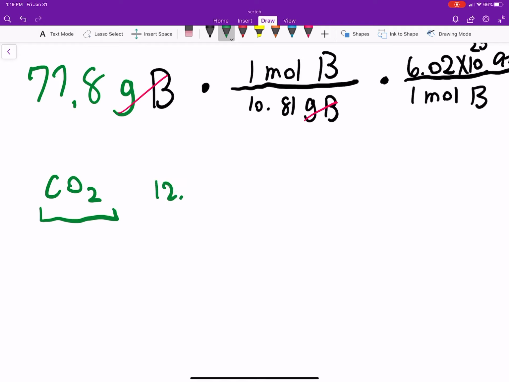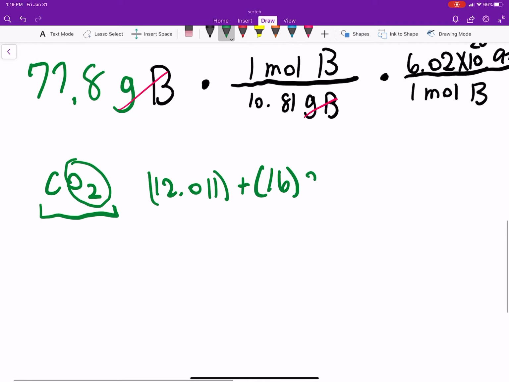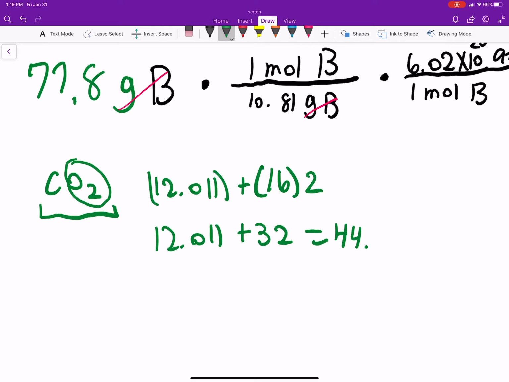So 12.011 plus, now oxygen is about 16, but there's 2 oxygen atoms, right? So we have to multiply this by 2. So 12.011 plus 32, that's what? 44.011.